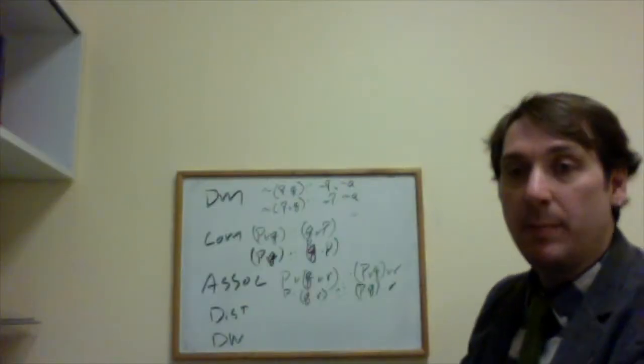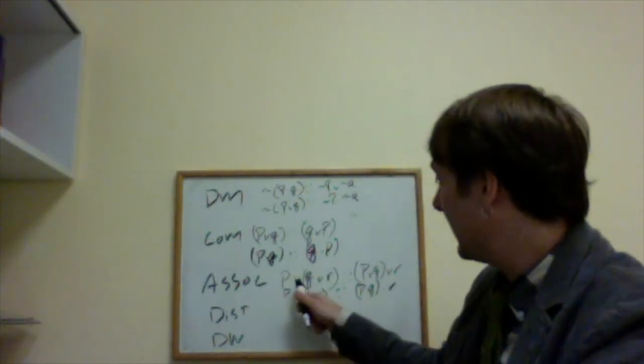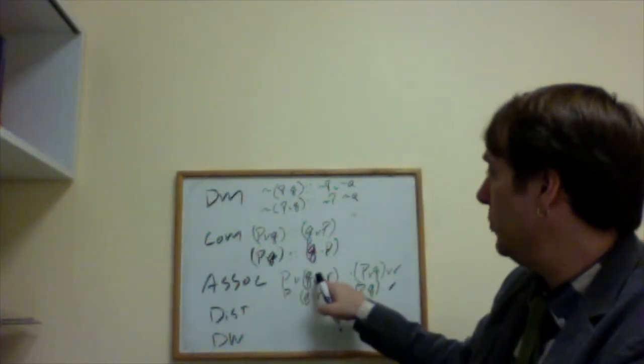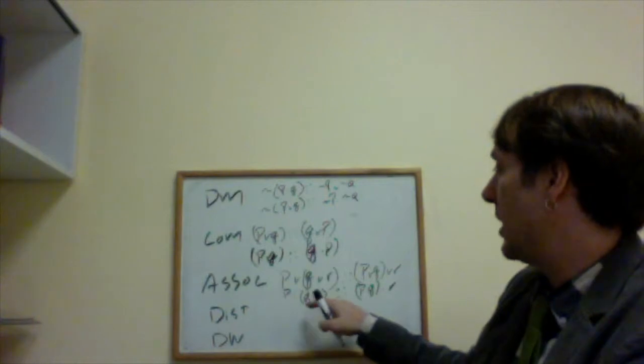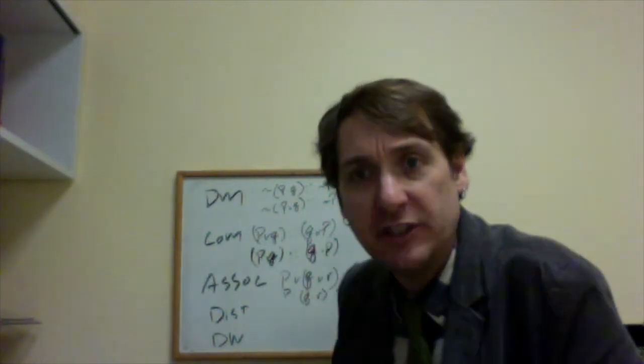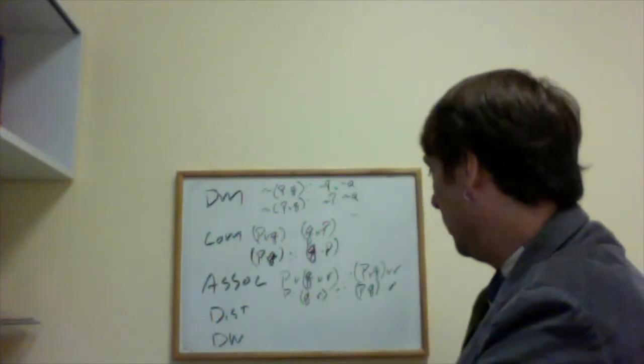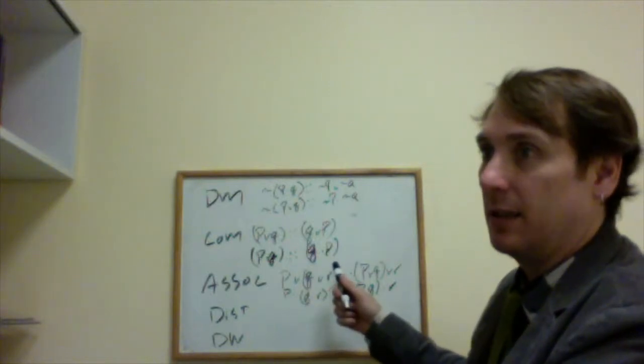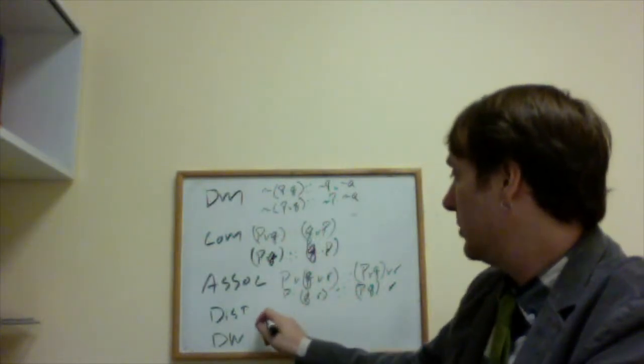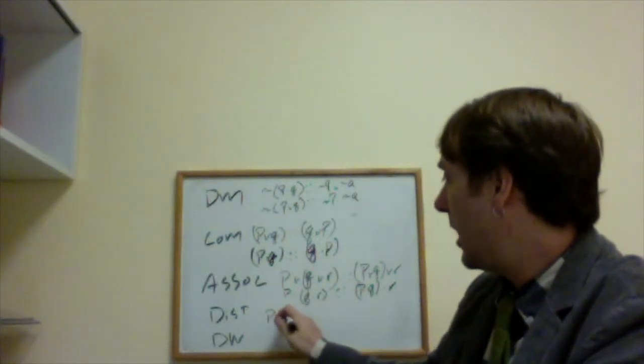Now, the important thing to remember about associativity is that the operators are the same. So you have two wedge operators or two dot operators. The distribution rule is a different rule involving mixes of these things. So suppose you have P dot Q wedge R, and you want to distribute this P amongst these terms.